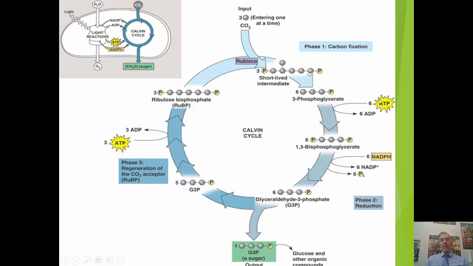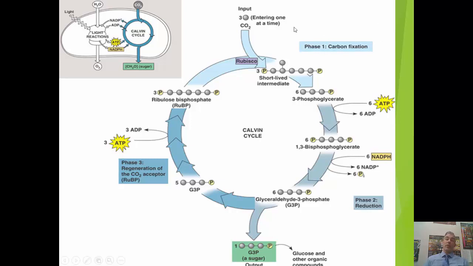In doing so, we use ATP and NADPH to add free energy to and reduce those molecules. Now notice the output of this is not glucose, it's G3P, which is a 3-carbon sugar, similar to pyruvate, but not exactly the same. Remember, pyruvate was a 3-carbon sugar. We then take 2 G3Ps through a separate process, and we generate glucose from that.